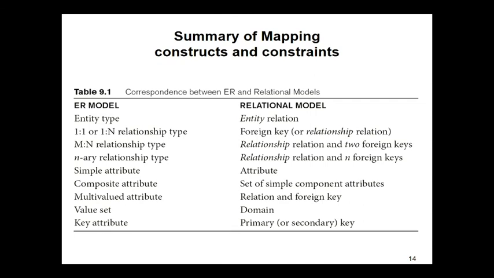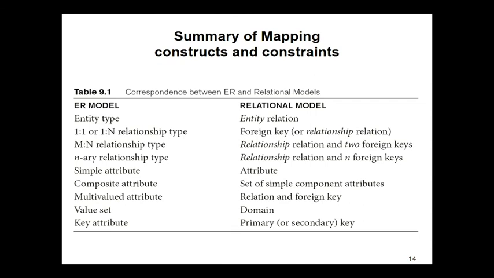The simple attribute is just an attribute on our relation. The composite attributes, so again, name is made up of first name, middle name, last name, so we have to identify all of the component attributes.